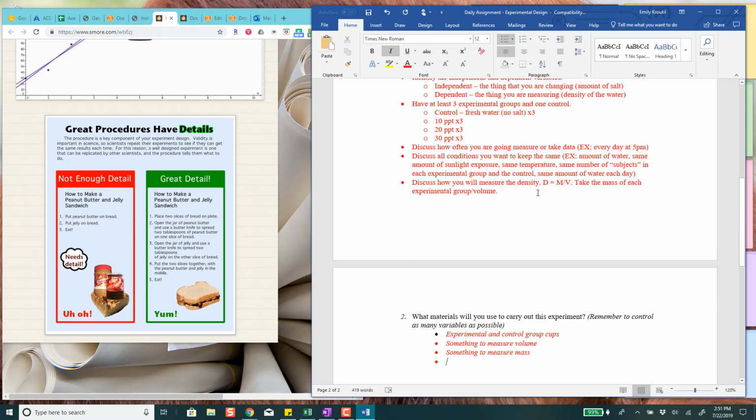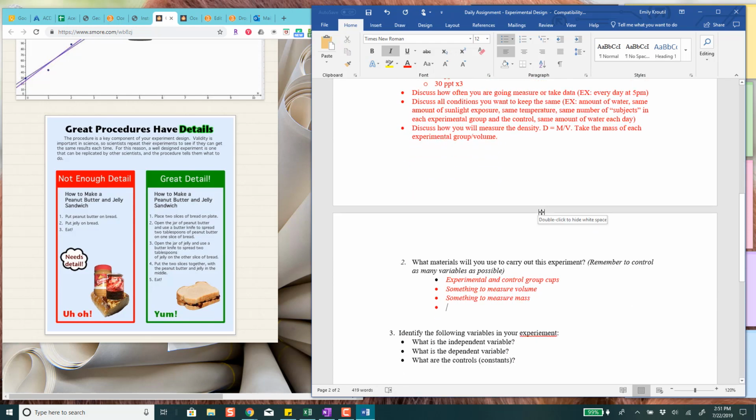Okay. Things that you don't have to write. You don't need to include paper, data table, pencil, stuff like that. You expect that the person doing the experiment knows that they need paper, data table, pencil, etc. Okay.